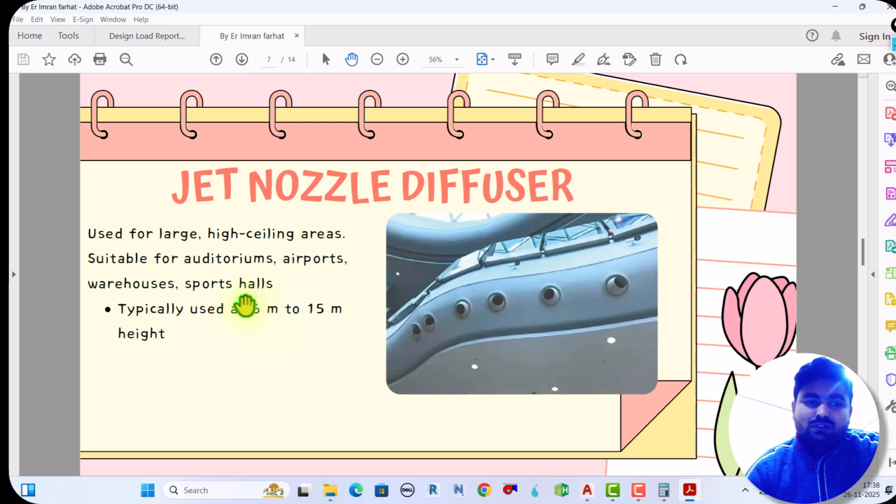Okay, so we generally use it for auditoriums, airports, we all know about airports. The ceiling is very high. This is the reason, if the ceiling height is above 5 meter, we can select the jet nozzle diffuser.